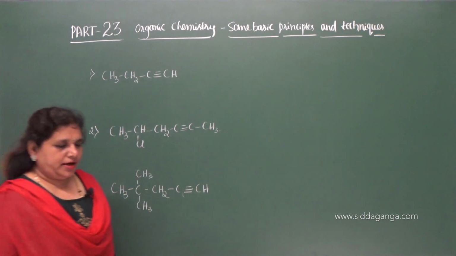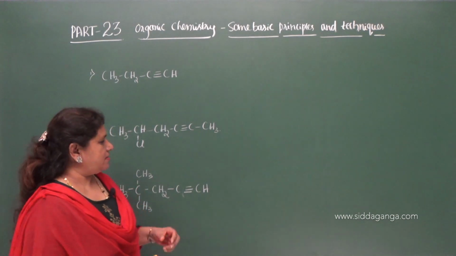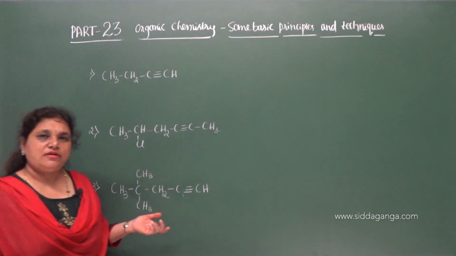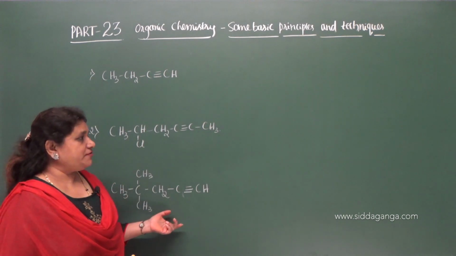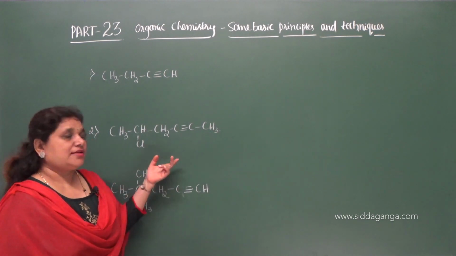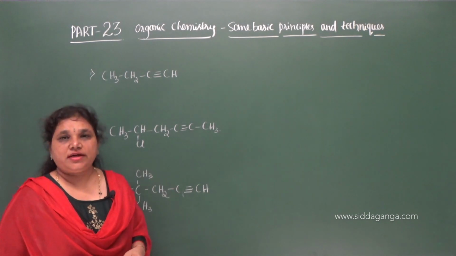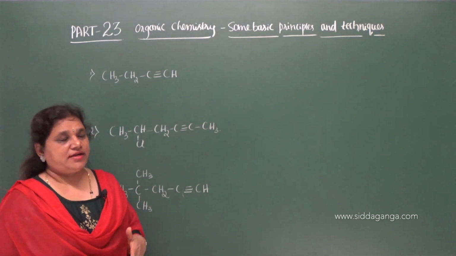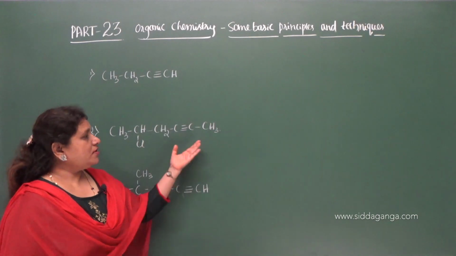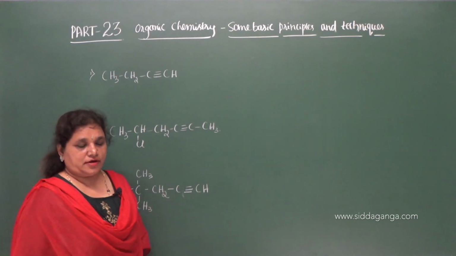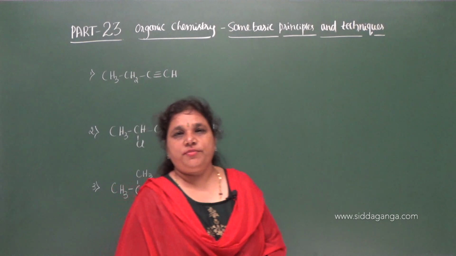as we know, when a multiple bond is present along with a substituent group, we have to give preference to multiple bonds rather than the substituent groups, because multiple bonds are considered as secondary functional groups. How to give the preference?